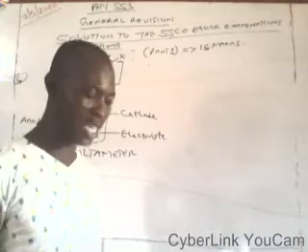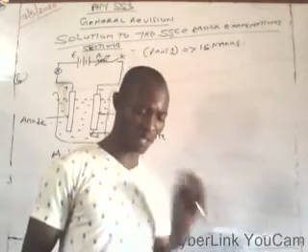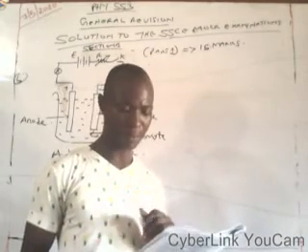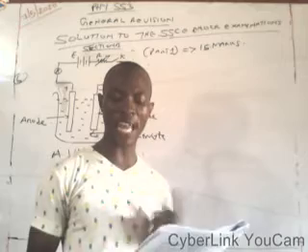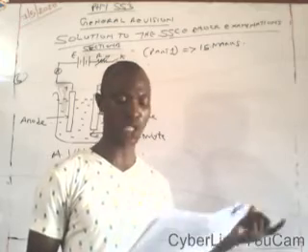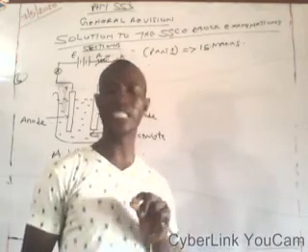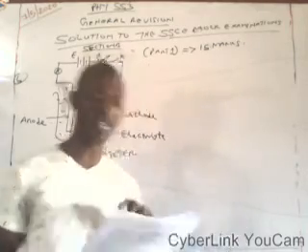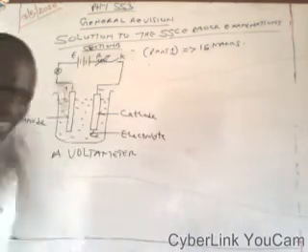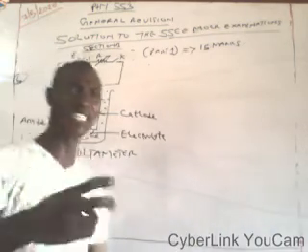Question 6B states: state 2 factors which determine the color of light produced in a fluorescent tube. So the 2 factors are, 1, the nature of gas in the fluorescent tube.